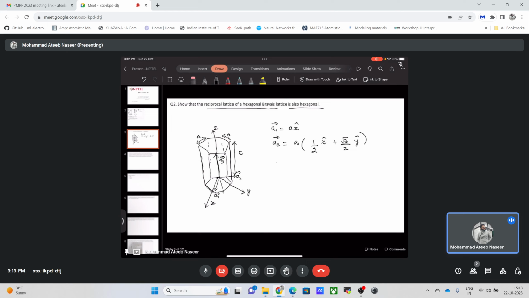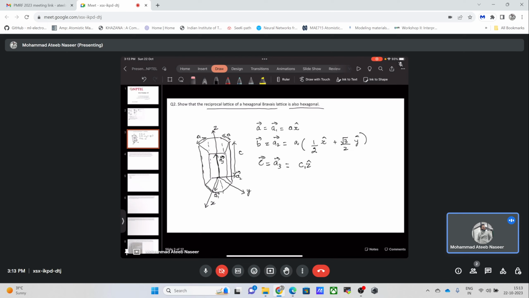Similarly, the third vector a3 is simply c times z hat. Let me denote these vectors simply as vector a, vector b, and vector c.